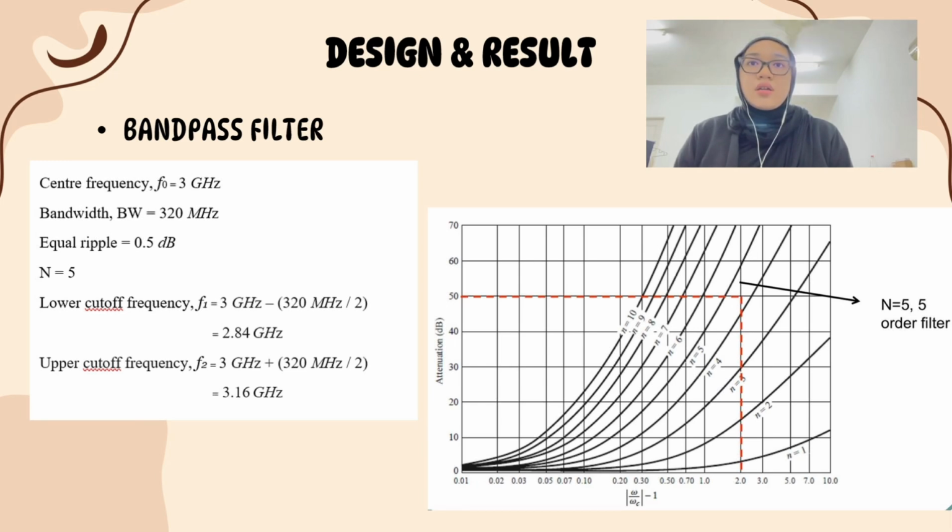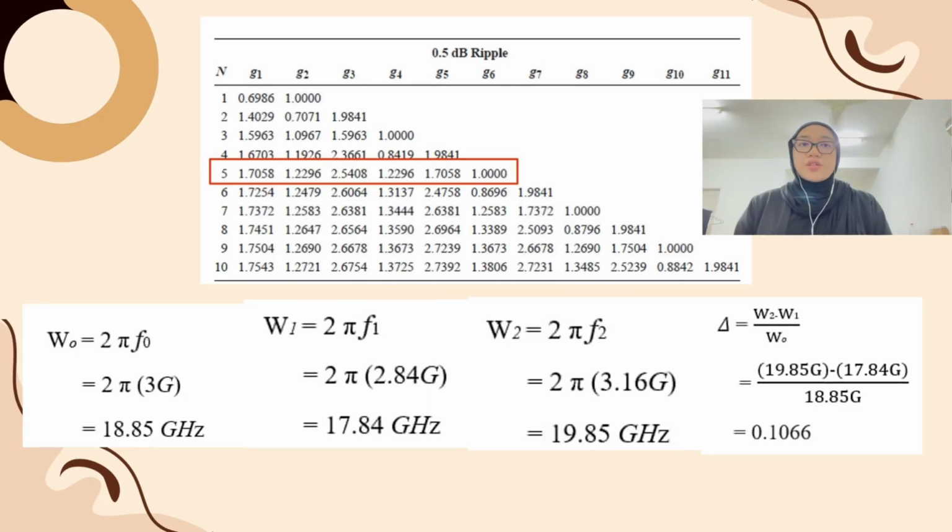The other one is the picture of N equals 5. So this is the result. Okay, I will explain about omega naught, omega 1, omega 2, and delta. The answer for omega naught is 18.85 GHz, for omega 1 is 17.84 GHz, for omega 2 is 19.85 GHz, and for delta is 0.1066.